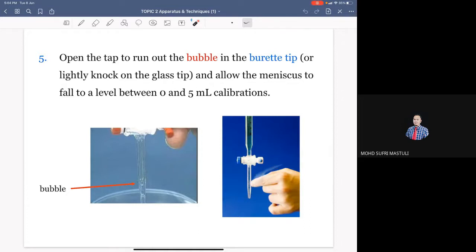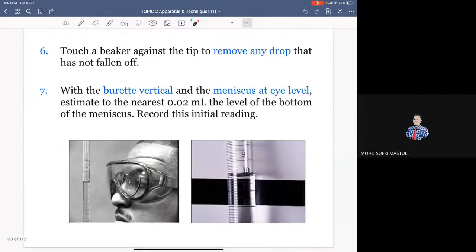So allow the meniscus to fall to the level of the 0 to 5 milliliter calibration. And then we touch the beaker against the tip to remove any drops that have not fallen off.